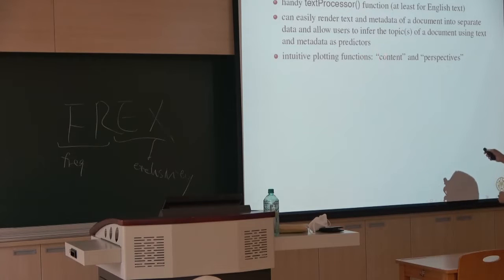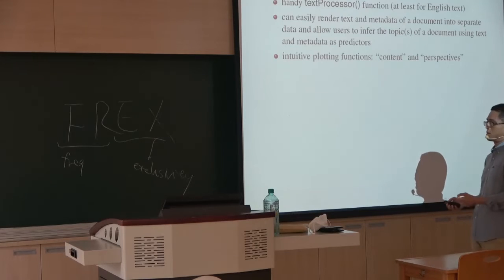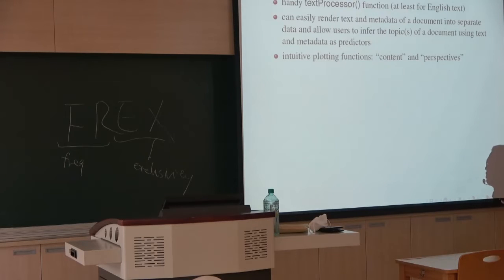That will allow you to infer the topic of the document using tags, which should be rendered into an LDA object before processing, and then you feed the LDA object into the text processing function. So you can use the tags and other metadata as predictors, just as you would when writing a linear regression model. Just use the plus sign and keep adding variables in your metadata as predictors to predict the term distribution, which I will demonstrate real quick.